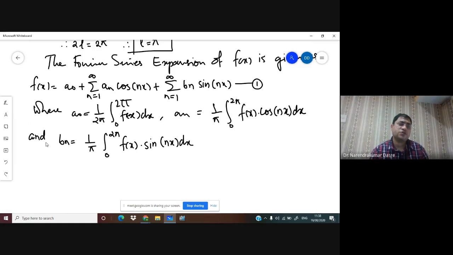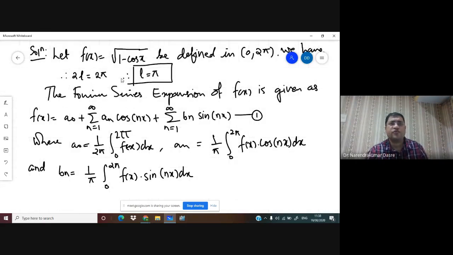Okay, so these are the formulas that we have. Now see our function. What is f of x?